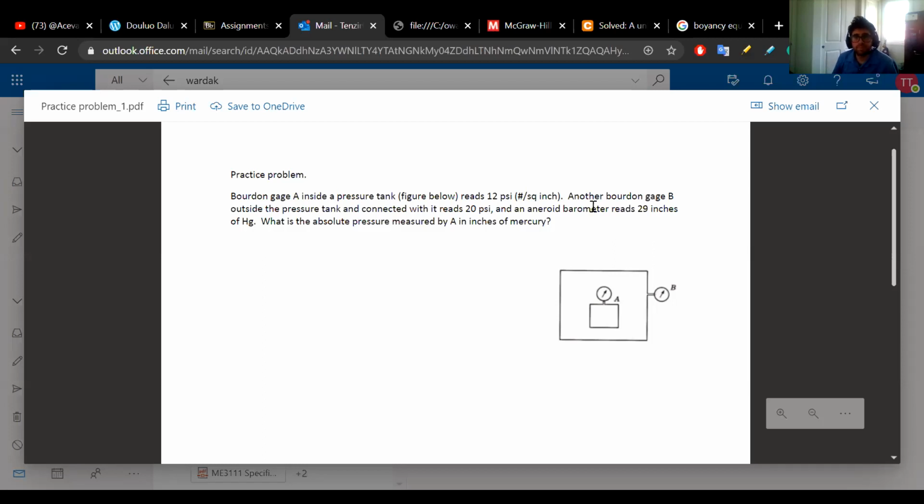Well, since you already converted 12 psi to inches of mercury, isn't that already the answer? Okay, a pressure gauge measures gauge pressure. It doesn't measure absolute pressure, right?